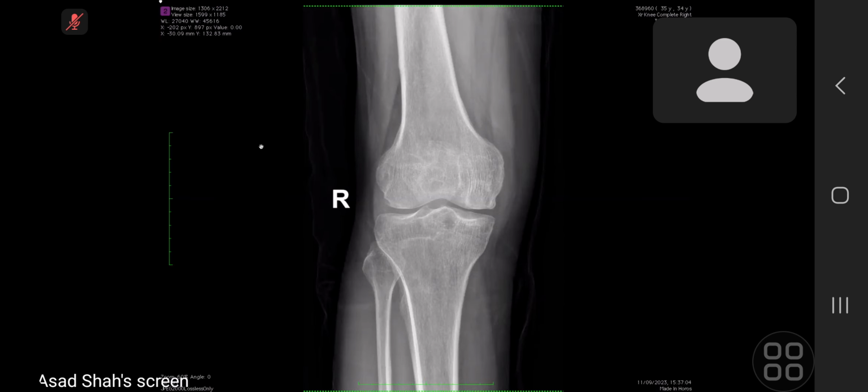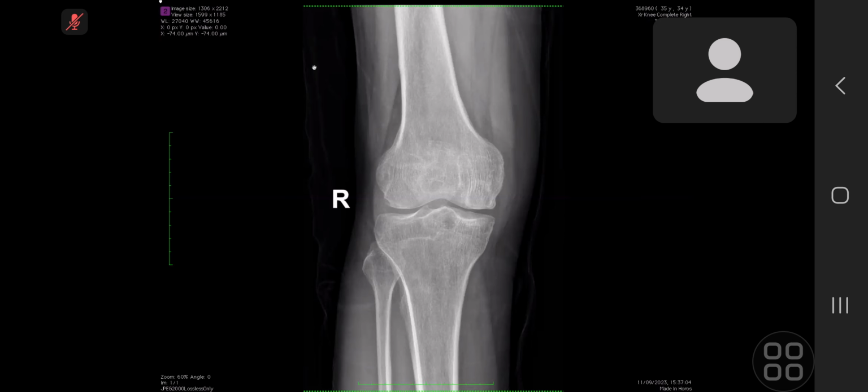So I've been provided with this X-ray, right knee AP view, of a patient who has had worsening pain for the past few months. I can see that the patella doesn't look uniformly dense to me.